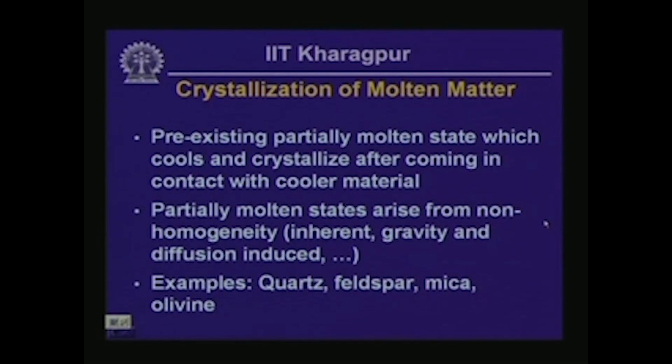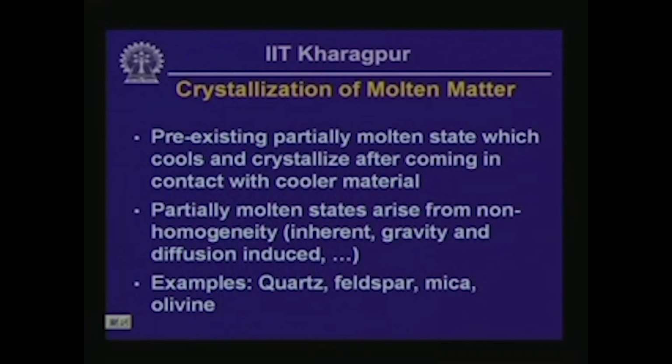the second thing that is important here is how this partially molten state arises, because you know by now from chemistry and other subjects that all the minerals have got a distinct temperature at which they melt. Then how come you have got partially molten magma?